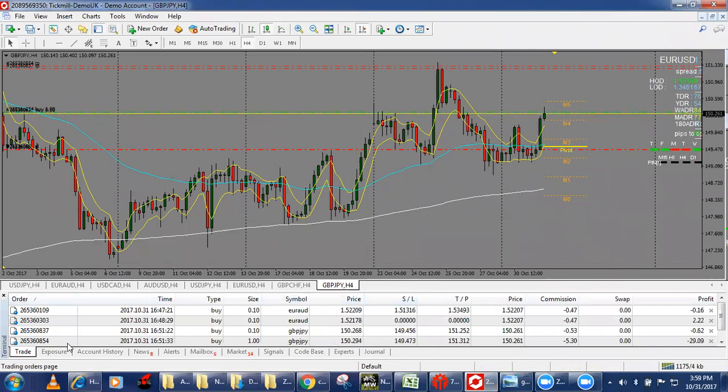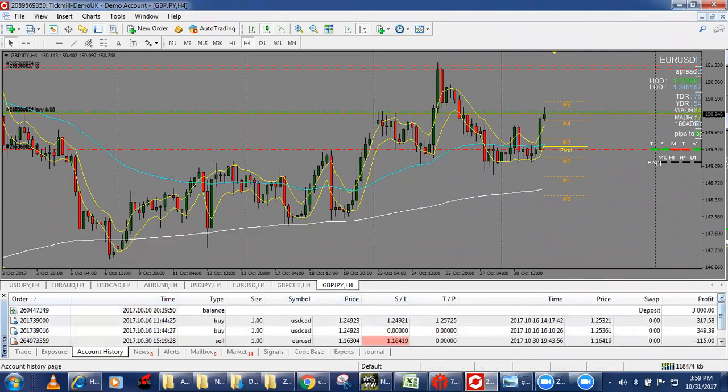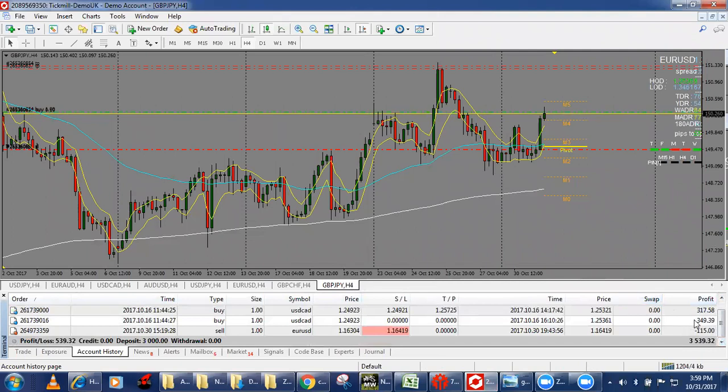So far, I've been testing it using a $3,000 account, and I've been consistently able to make about 10% per trade. And yesterday I had a mistake.